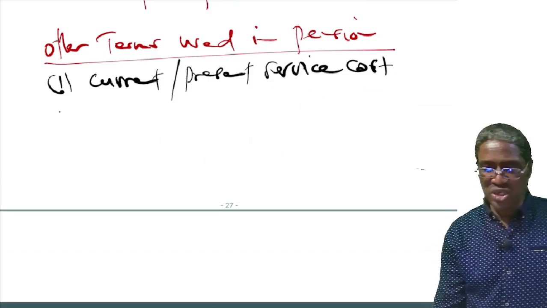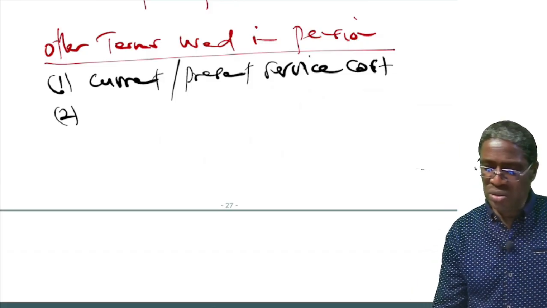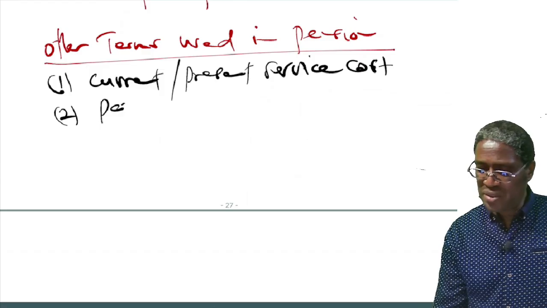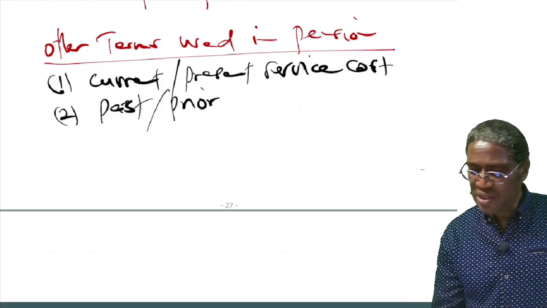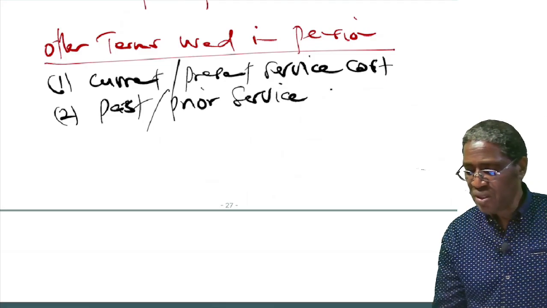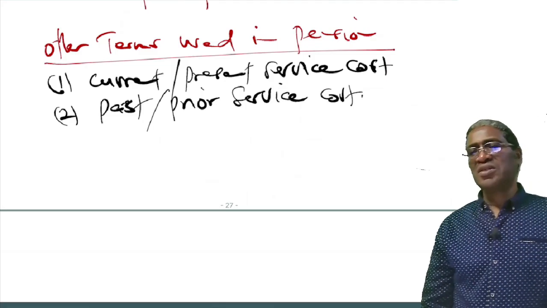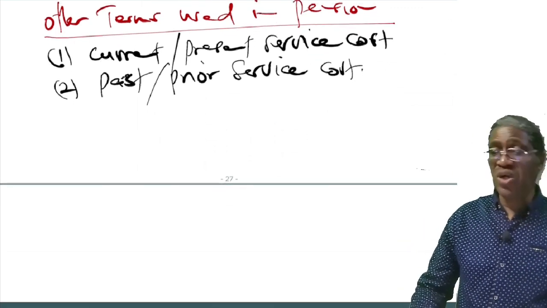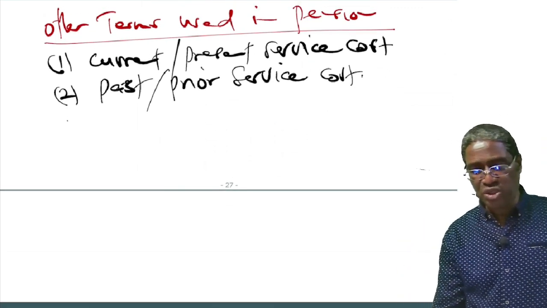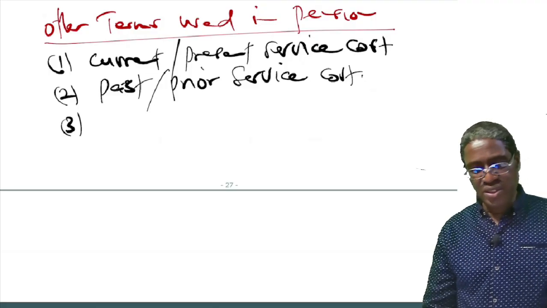Good. Number 2 is what we call past, also called prior service cost. That's another term you may be told to define, or you need to know what it is, so that when you are talking about computations, you know what it is.